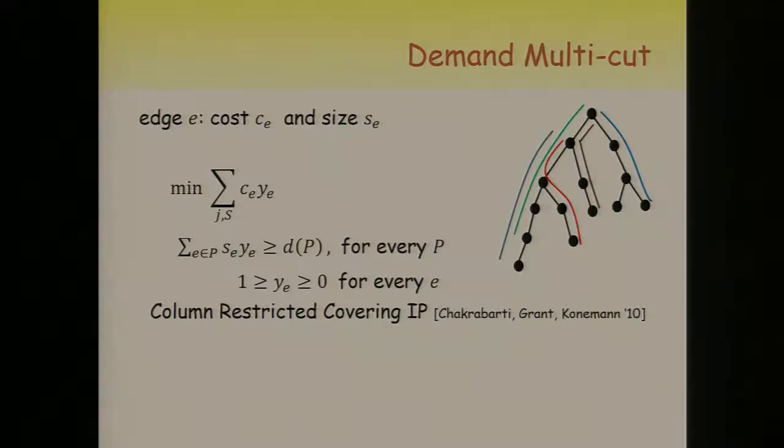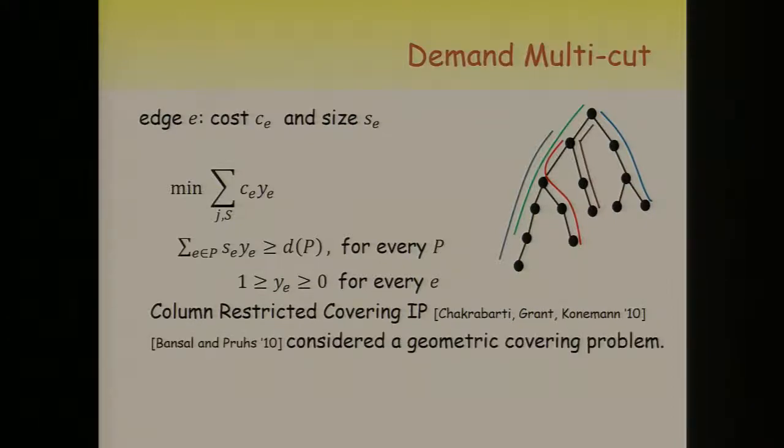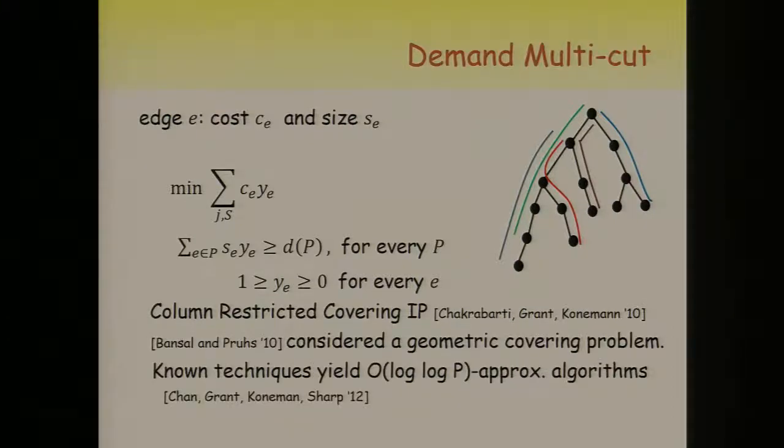That must be at least the demand of this path P. This kind of integer program comes under the class of what is called column restricted covering IP. Using known techniques, you can get a log P approximation for this kind of integer program, so this is one way of proving a log P approximation here. We don't know what the integrality gap of this linear program is. We believe it is a constant.